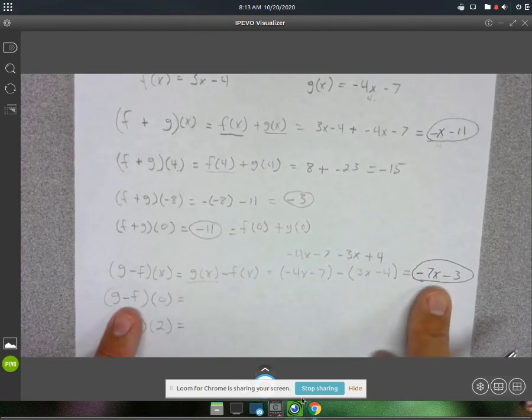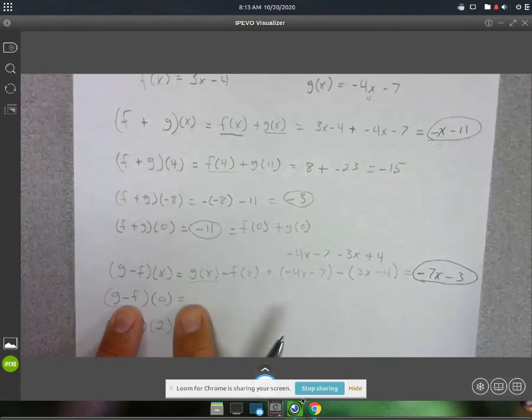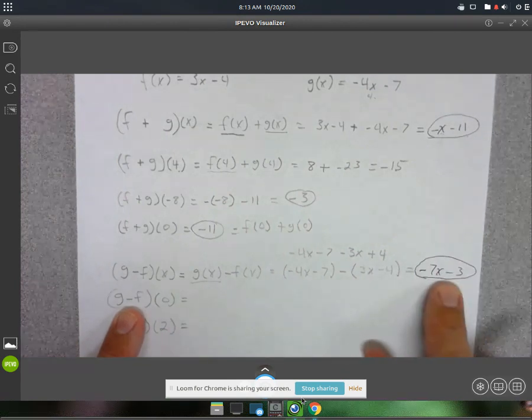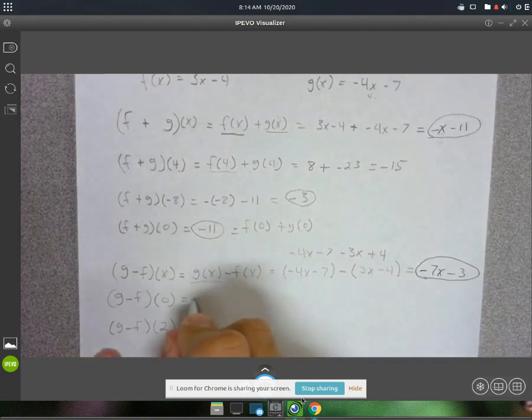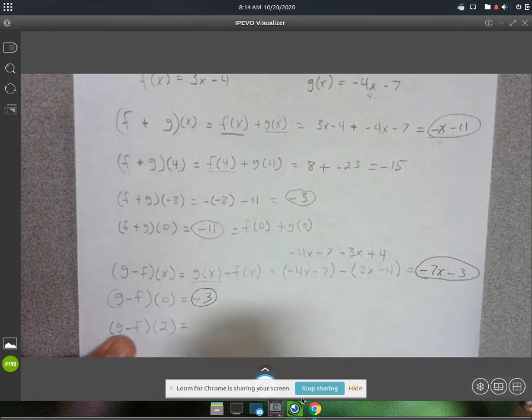So for g minus f of 0, I could do g of 0 minus f of 0, but I'm just going to use this function and plug in 0. -7 times 0 is 0, and then 0 minus 3 is -3. For g minus f of 2, I'm just plugging in 2 for x.